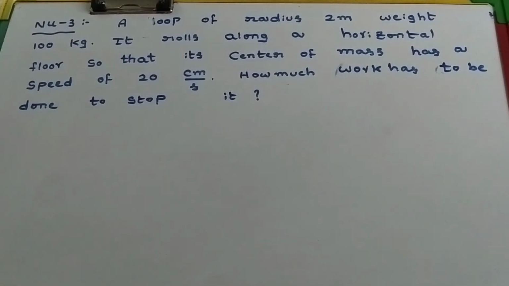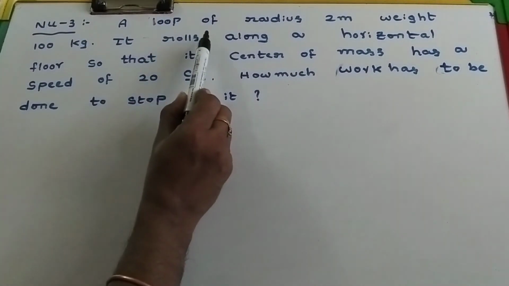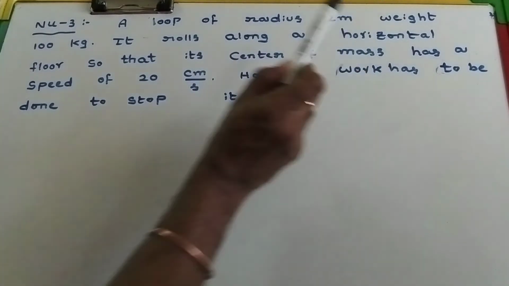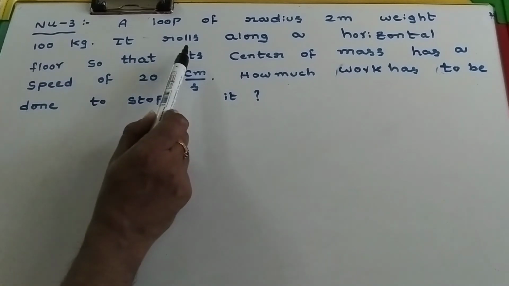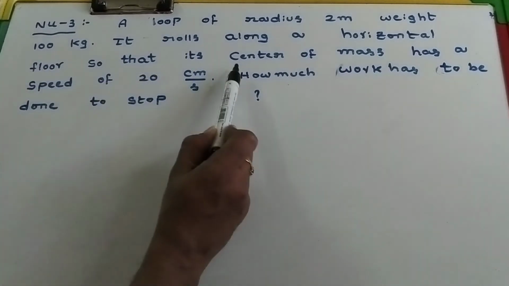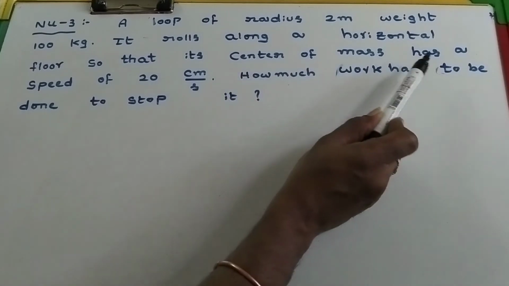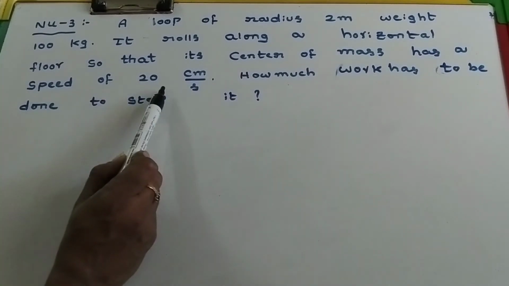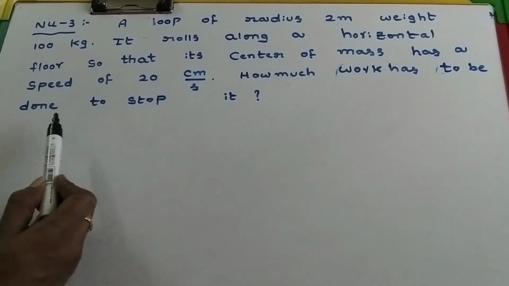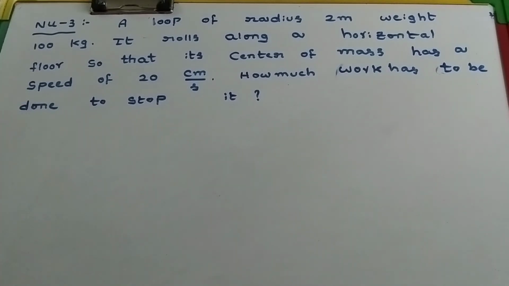My dear students, now we are going to discuss numerical number 3. A loop of radius 2 meters, weight 100 kg, rolls along a horizontal floor so that its center of mass has a speed of 20 centimeter per second. How much work has to be done to stop it? This is the question.